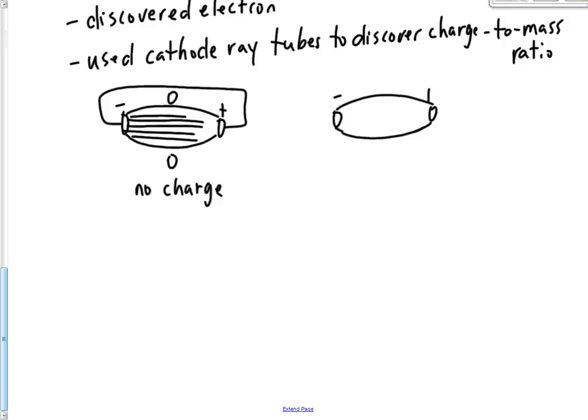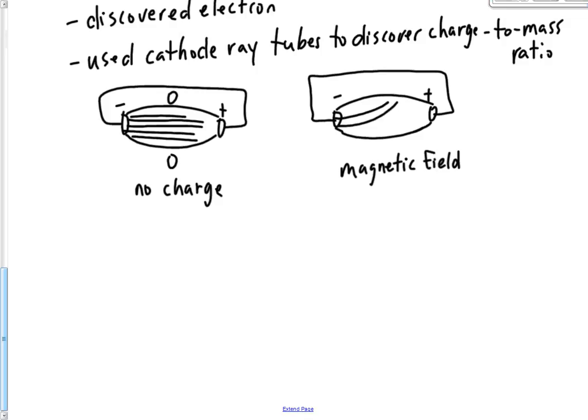okay, where's our negative end and our positive end? Right, electrons are going through there. He found that they started to bend. Okay, they started to bend in one direction.